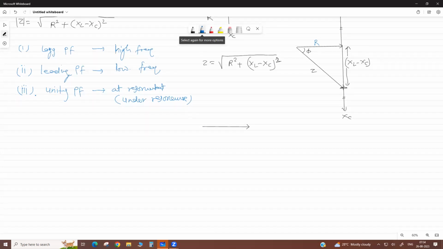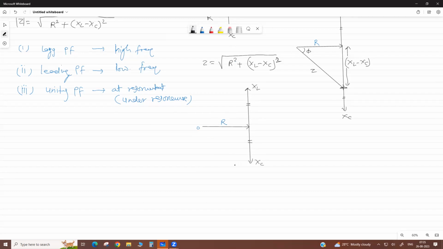Now see, if I am telling this third condition, in that, what happened? This is the R, but here now at some particular frequency, under that condition both inductive reactance and capacitive reactance are equal, XL and XC.